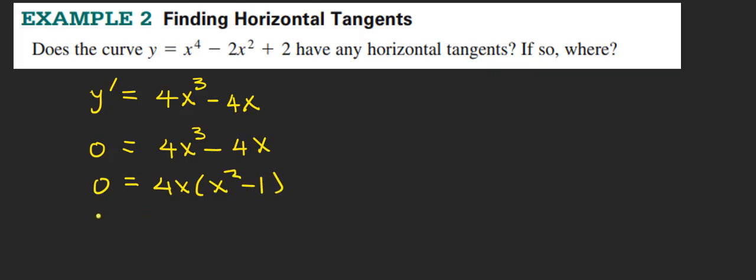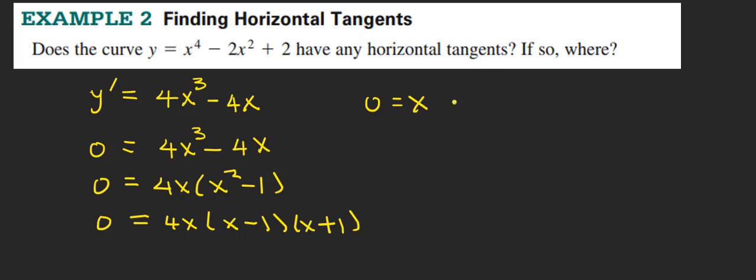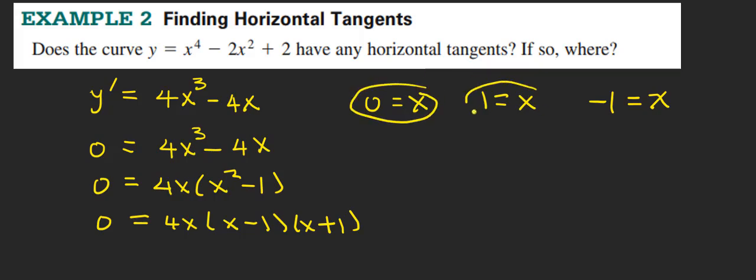And you could factor out the x squared minus 1. So it looks like the derivative will be 0 when x equals 0, when x equals 1, and when x equals negative 1. So we do have horizontal tangents when x equals 0, when x equals 1, when x equals negative 1.